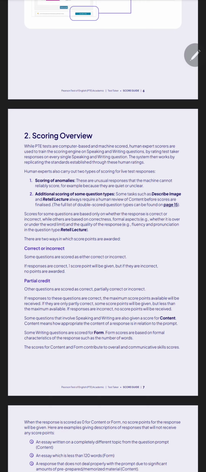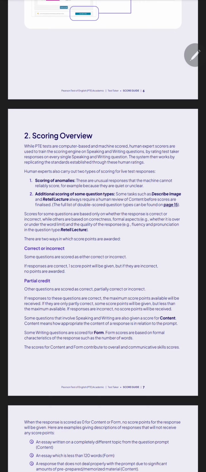Some questions that involve speaking and writing are also given a score for content. Content means how appropriate the content of a response is in relation to the prompt. Some writing questions are scored for form. Form scores are based on formal characteristics of the response, such as the number of words.